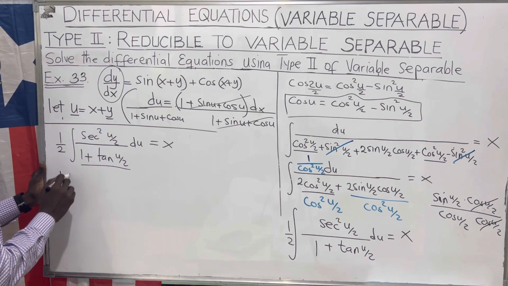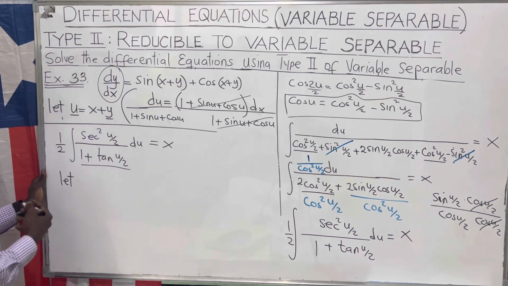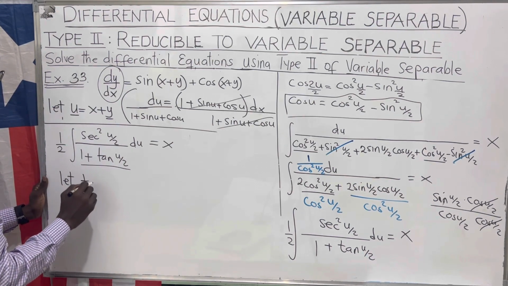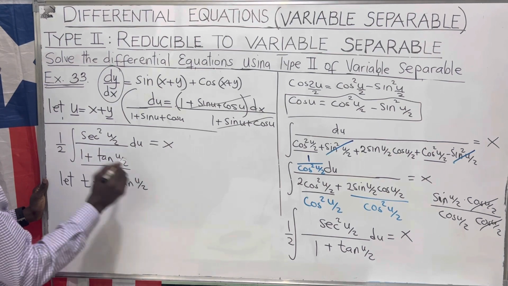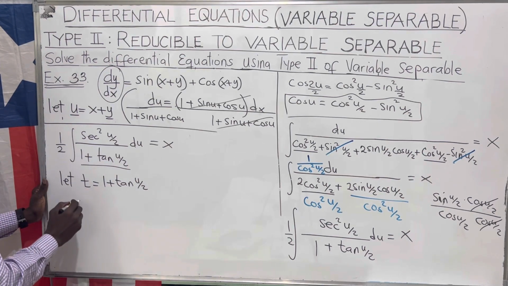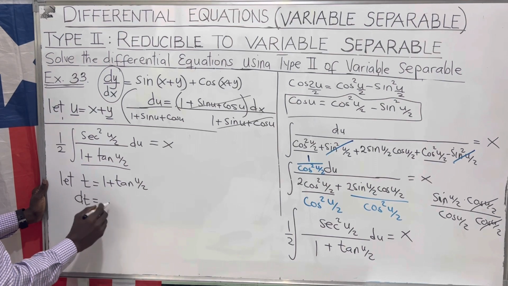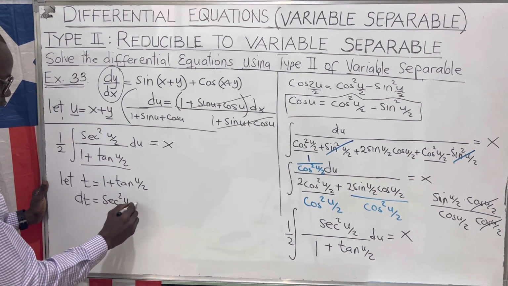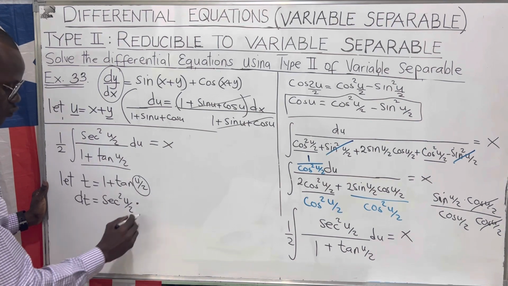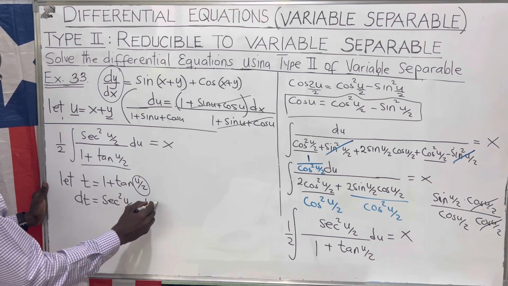We already used u initially, so let's say let t equal 1 plus tangent u over 2. So dt would just be secant square u over 2 times the derivative of u over 2, which is just 1 over 2 du.